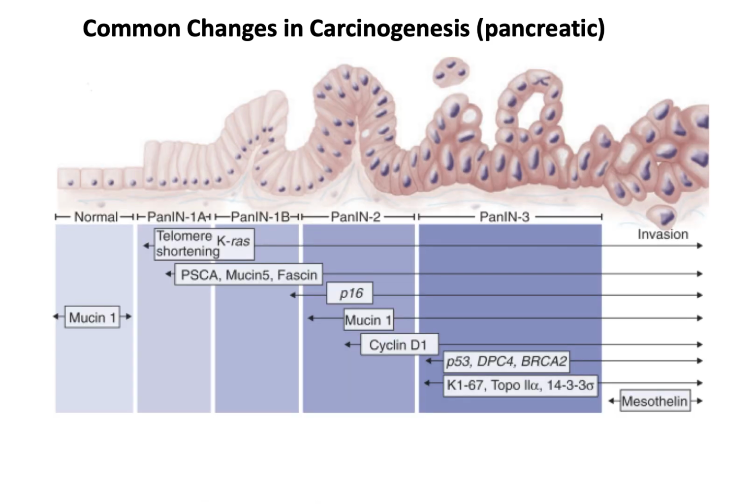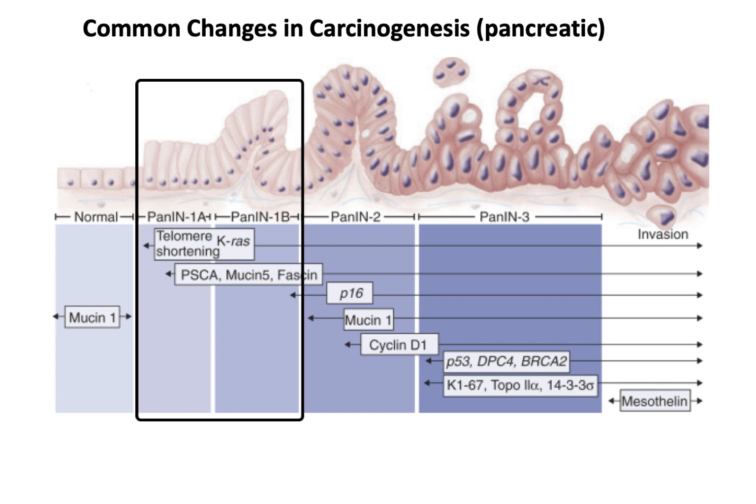Here's another example, more detailed, and this is in a pancreatic cancer. So in the normal tissue, there's essentially one mutation that sets off this progression, and that's in the mucin 1 gene. And then there's KRAS mutation and telomere shortening.